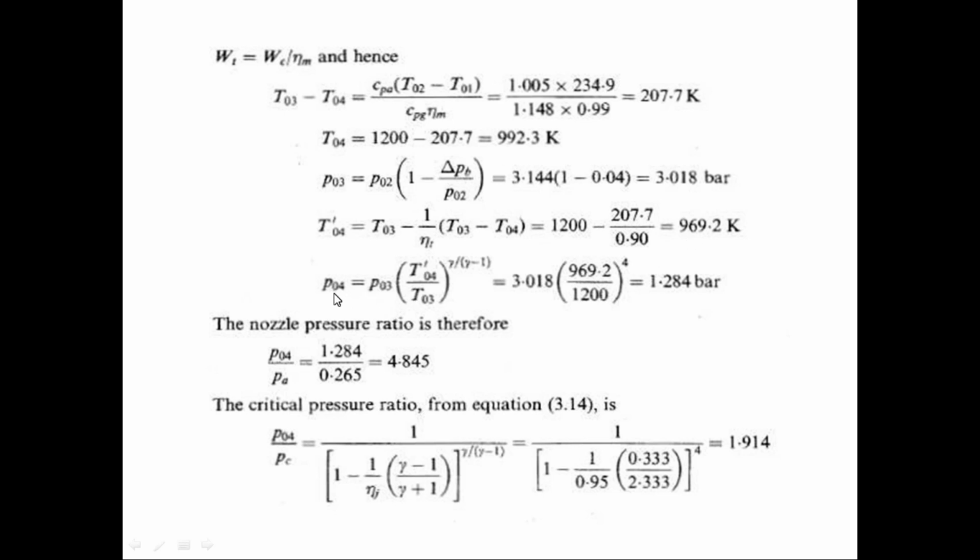So from there you can find out the value of P04. P04 by P03 is equal to (T04 dash by T03) raised to the power gamma over gamma minus 1. T04 dash is 969 and T03 is 1200 Kelvin, raised to the power gamma over gamma minus 1, which is 4, and P03 is 3.018 bar.